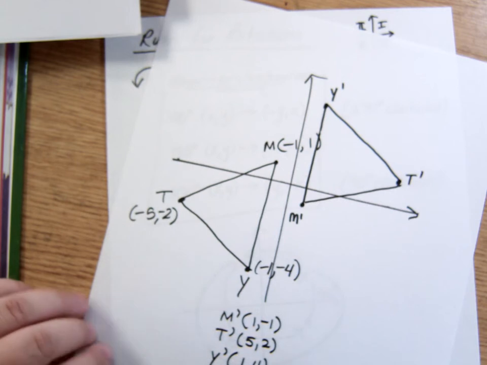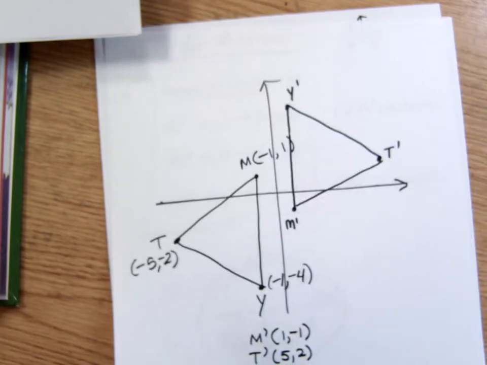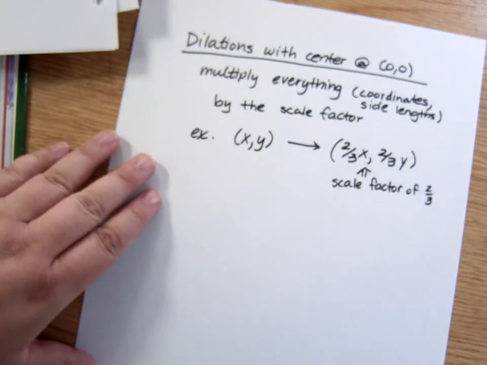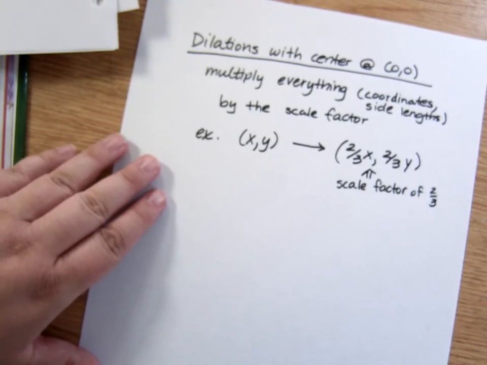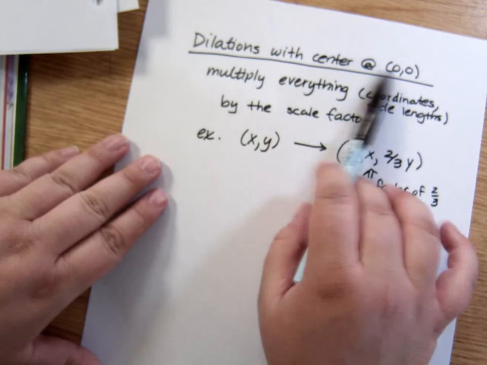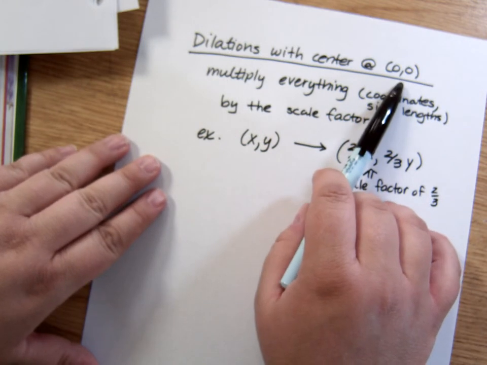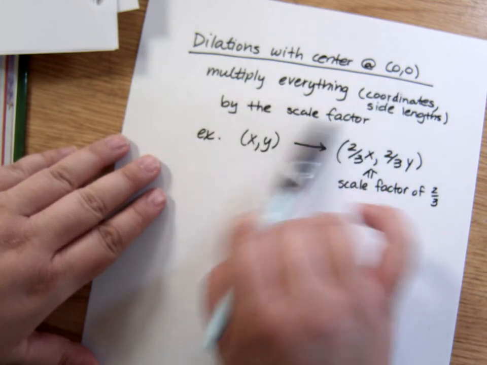Okay, next we're not going to really talk about translations. Translations are pretty self-explanatory because when it tells you a translation, it tells you you're going to do x + 3 and y - 2. So you just do whatever it tells you. Dilations are the other one that can get a little bit tricky. If the dilation has center 0, 0, then basically you're going to multiply everything by the scale factor.